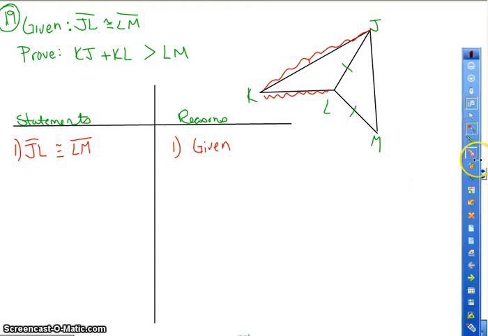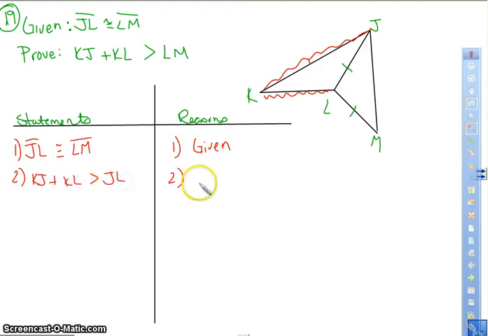So you're going to start out however you want with either one of those statements. I know that KJ plus KL is going to be greater than JL, and that's by the triangle inequality theorem. I also know that JL is going to equal LM, and you do need to say it's equal because this is an inequality.